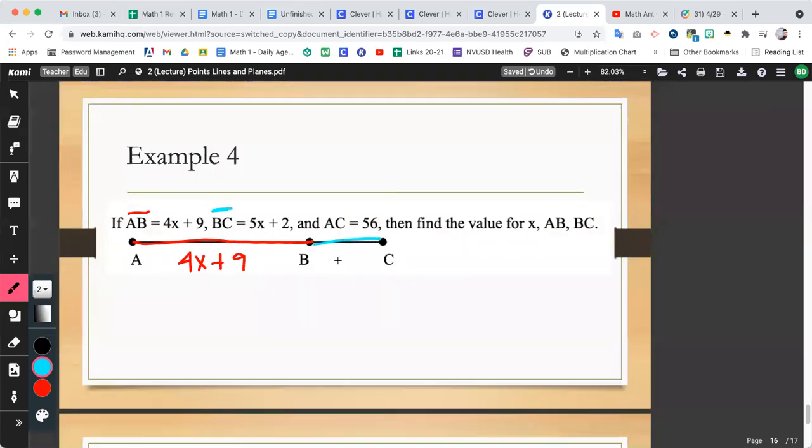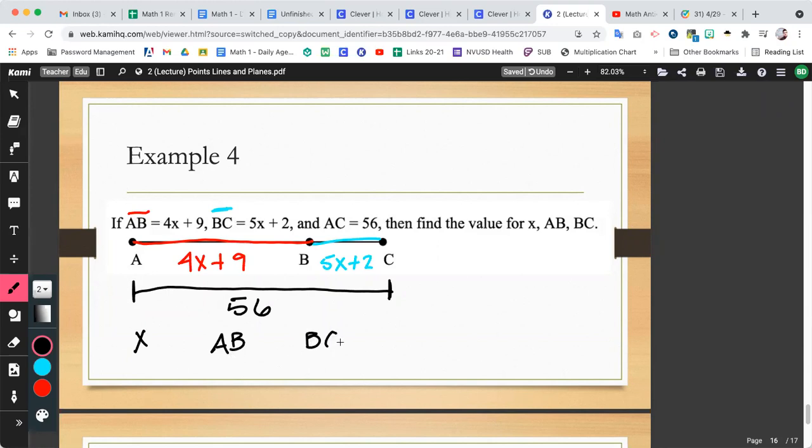So from here to here, that's 5x plus 2. And AC, from A all the way to C, is 56. They want us to find 3 things. They want us to find x, they want us to find AB, and they want us to find BC.